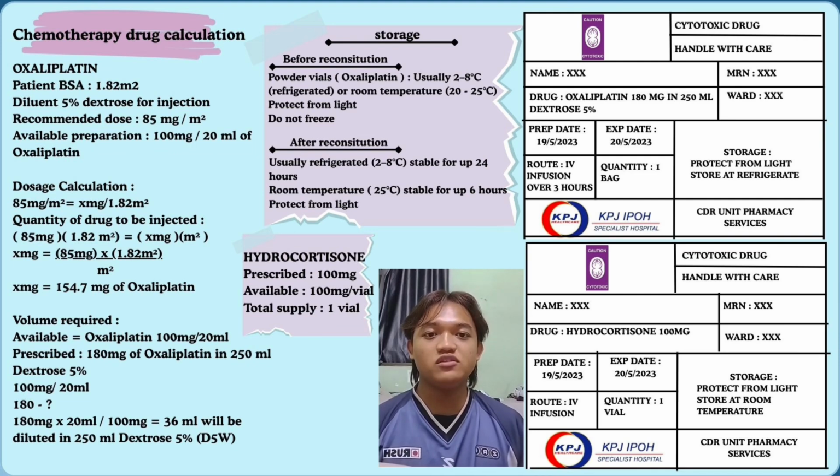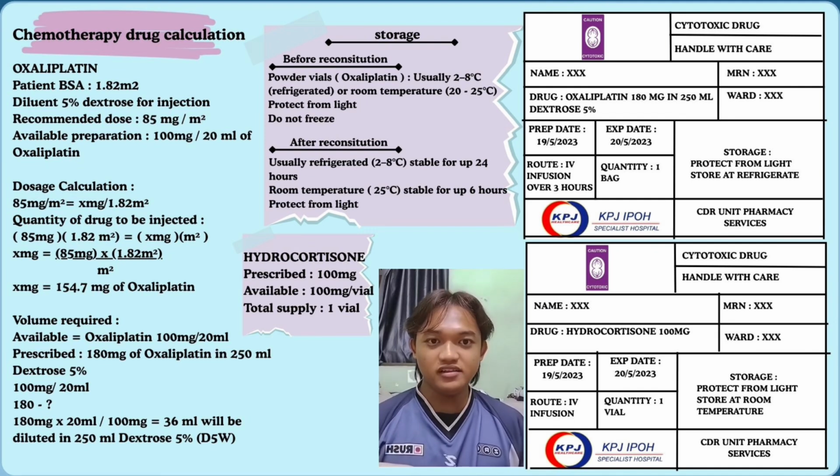So x mg equals 154.7 mg of oxaliplatin. Volume required. Available oxaliplatin 100 mg per 20 ml. So prescribe 180 mg of oxaliplatin in 250 ml of dextrose 5%.